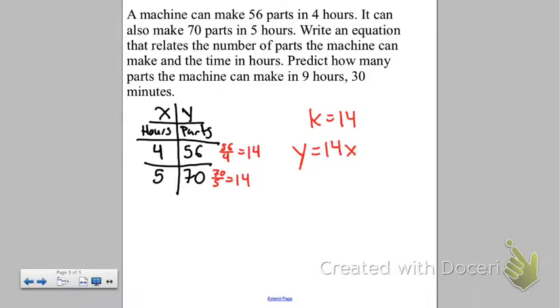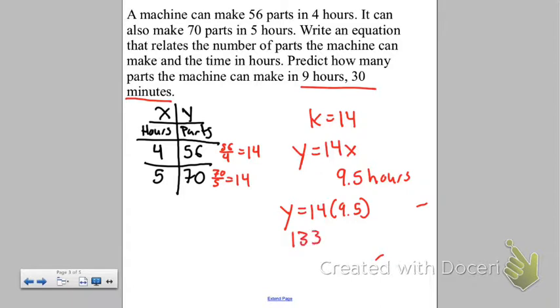Now, predict how many parts the machine can make in 9 hours 30 minutes, that can be 9.5 hours. Since hours is my x, I can substitute it in. So it'd be y equals 14 times 9.5, which is equal to 133. So y equals 133, so it can make 133 parts.